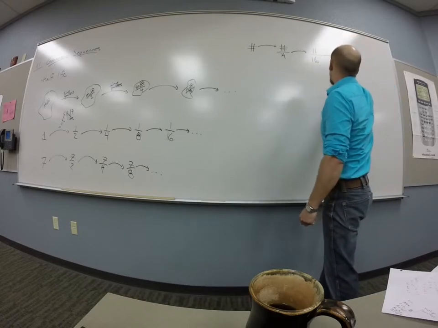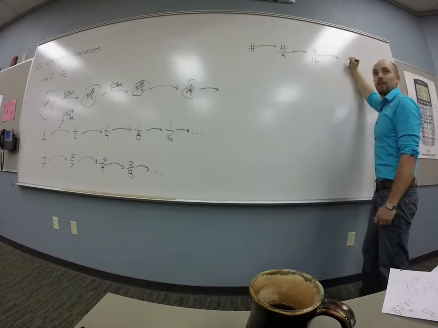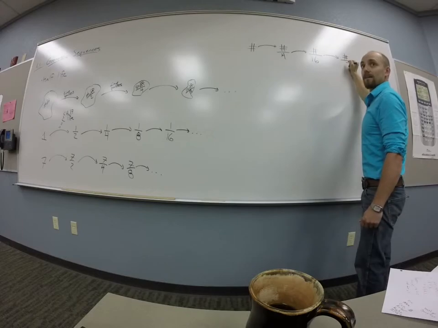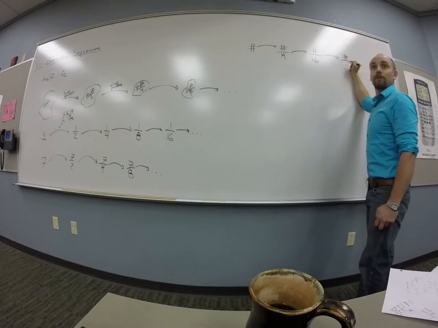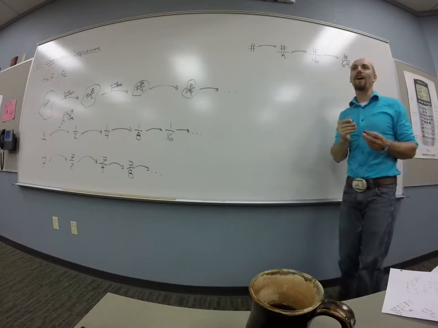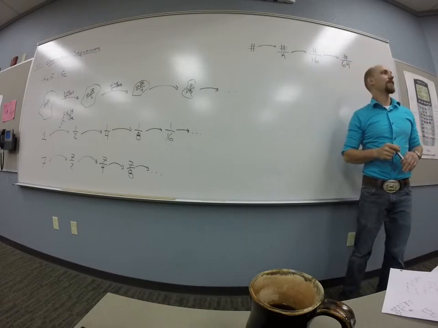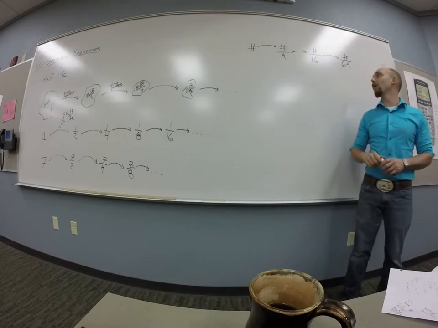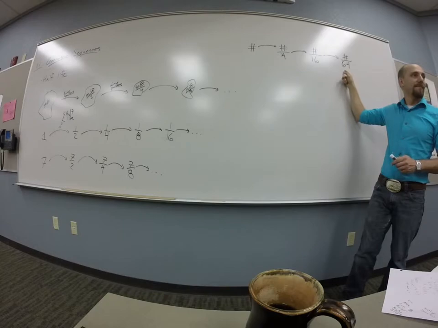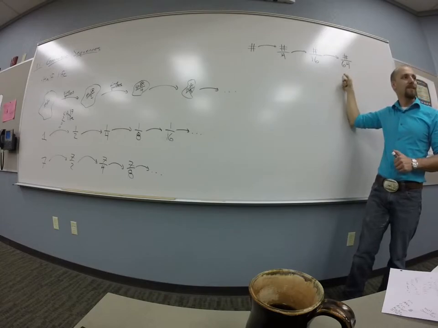Very nice. And then I'd proceed to number over 64. Why is it 64? 16 times 4, or 4 cubed, right? You guys see that? You take the two numbers and multiply them together.